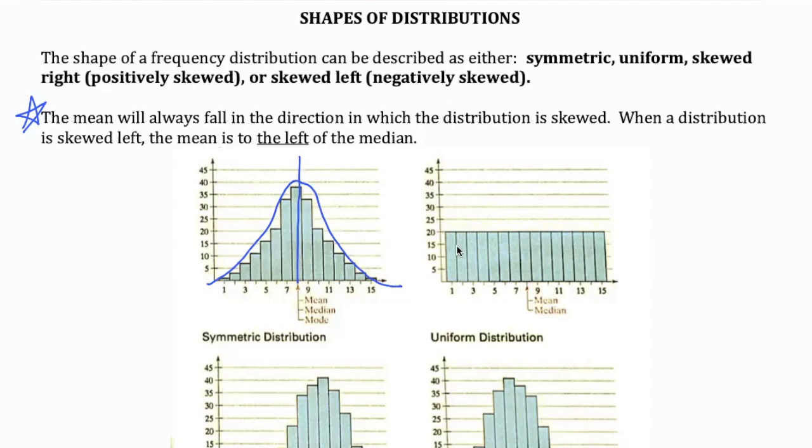If you have a uniform distribution, uniform is when all of your data has the same frequency. And in this situation, the mode of the data, there isn't any, right? Because in order to have a mode, you have to have something be the most frequent. But here, everything has the same frequency.